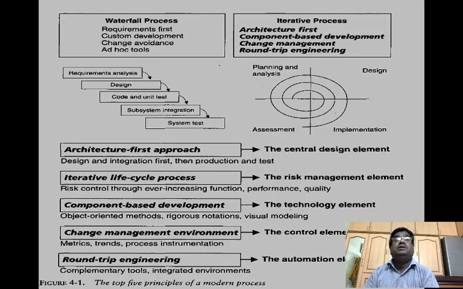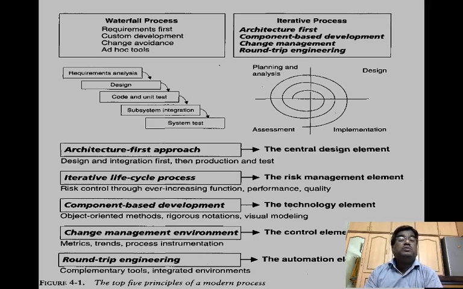The difference between the conventional and modern process model is given in the first slide. In this slide, the top one indicates how the waterfall process model applies, and at the same time how the iterative process model is implemented for major software projects. See the difference between both: one is the waterfall model, another is the iterative process model.